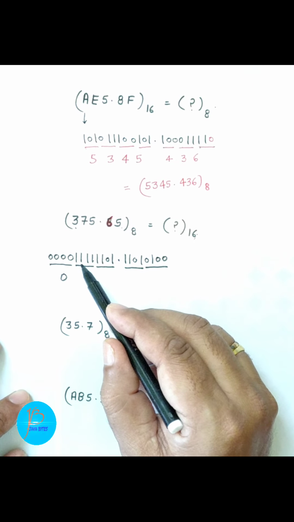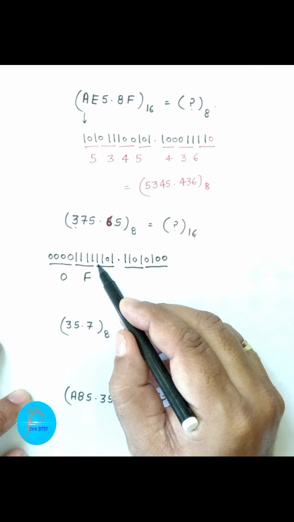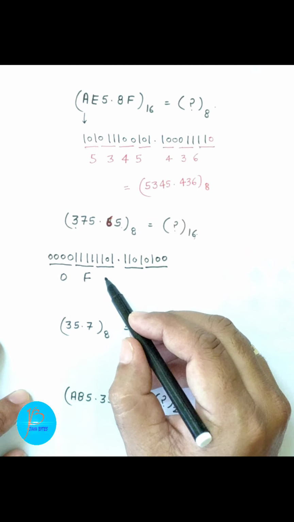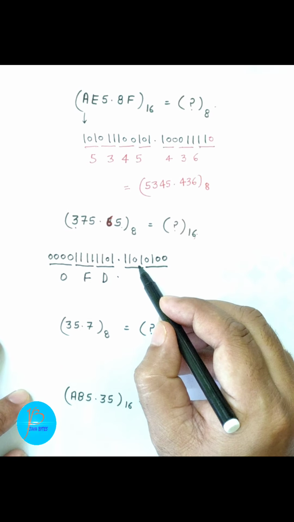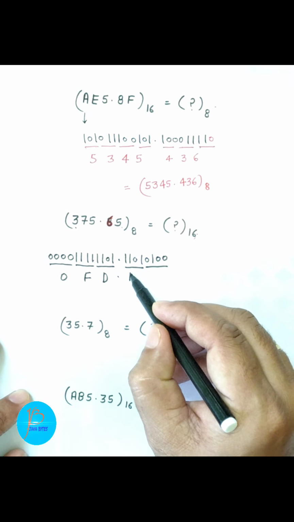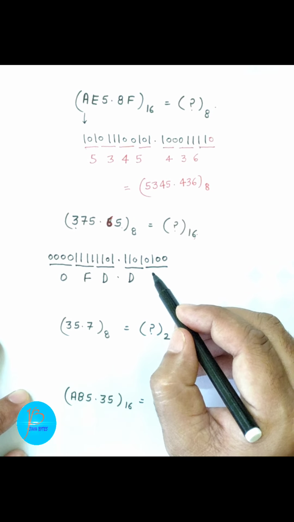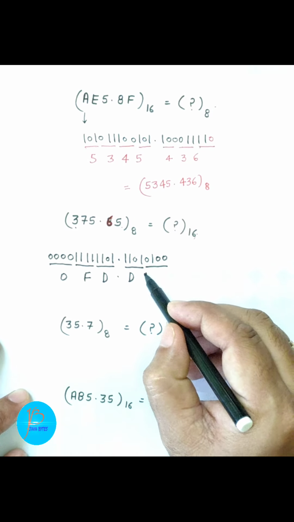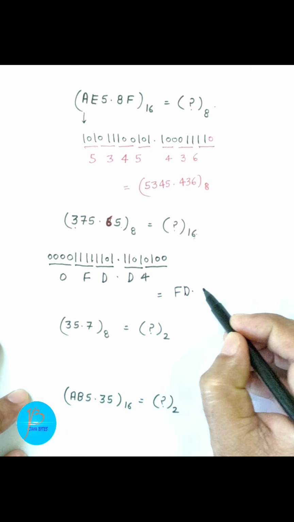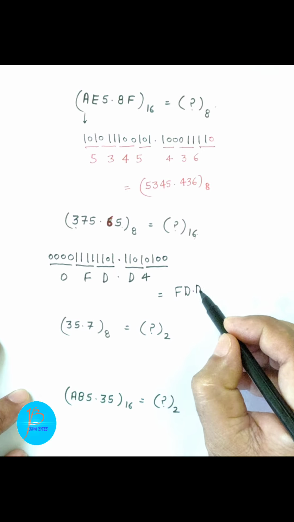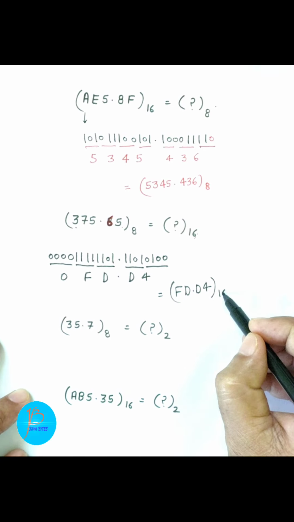Then 1111 is equivalent to 15, which is F. Then 1101 is equivalent to D. Then 1101 is again D, and 0100 is equal to 4. So your answer will be FD point D4. It is your hexa equivalent.